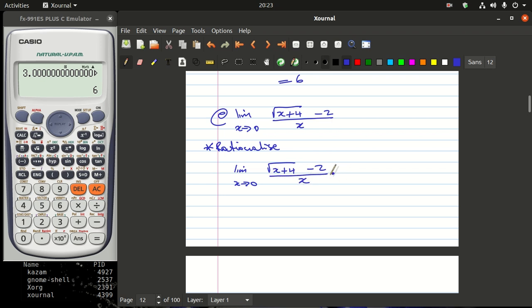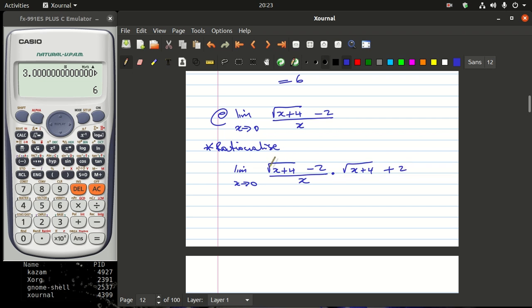So to rationalize, you change the sign that is between the two terms. So I have the other term that is made of root and the other term is 2. So I need to change that or find the conjugate of this particular part there. So this is going to be the square root of x plus 4 and then plus a 2.